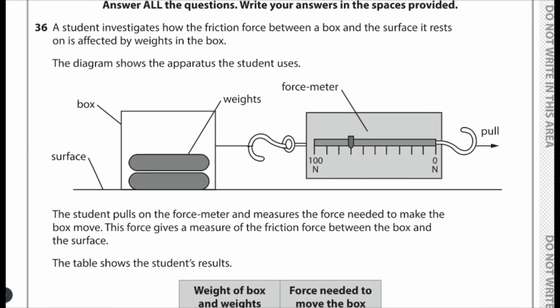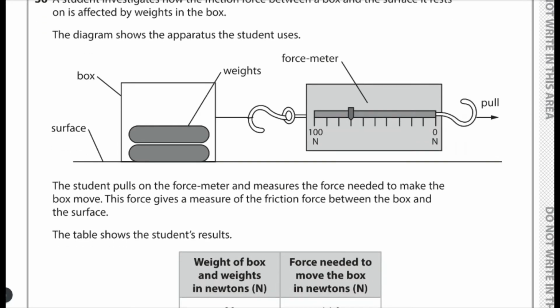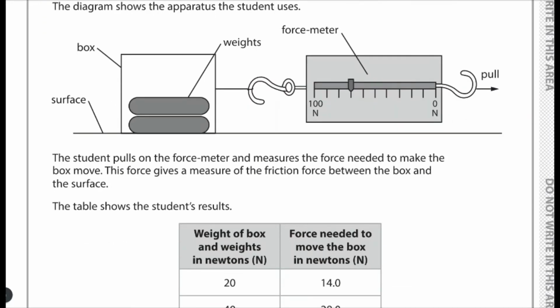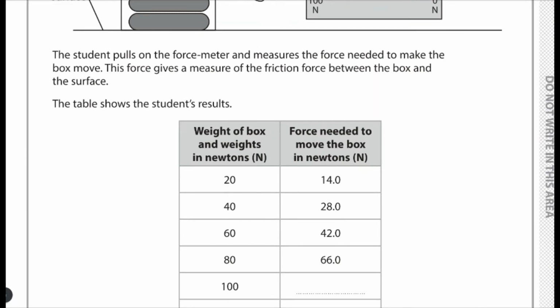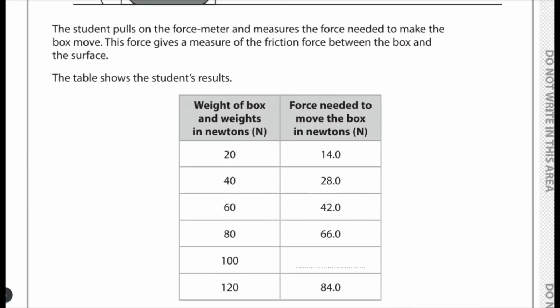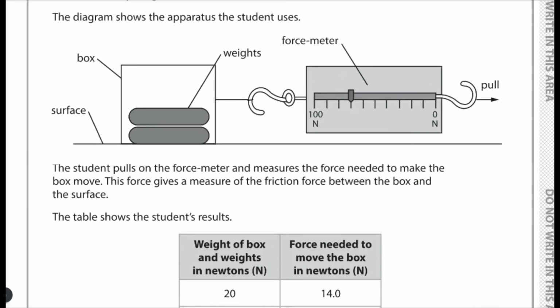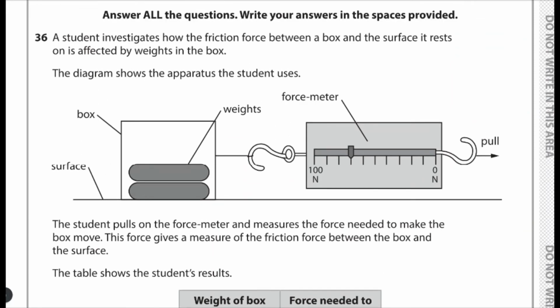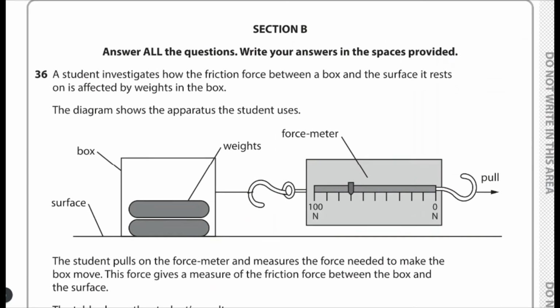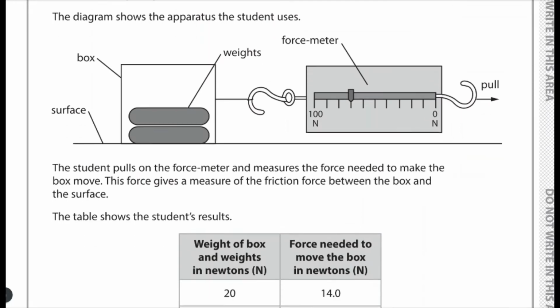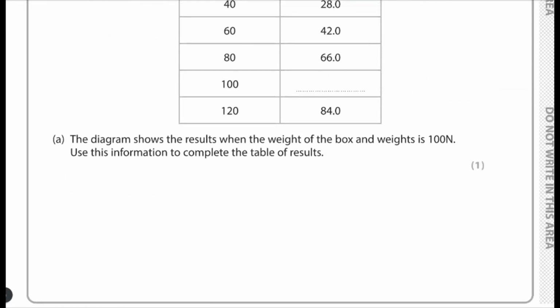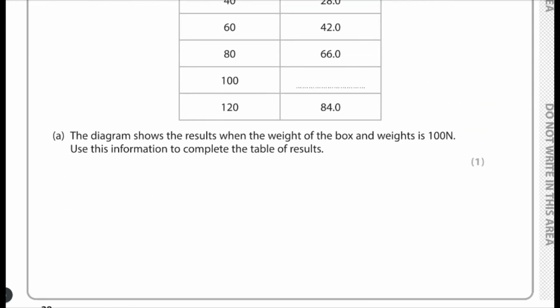36. A student investigates how the friction force between a box and the surface it rests on is affected by weight. When the weight increases, you can see the force needed to move the box, in newtons, changes. They have given 400 newtons. The diagram shows the results when the weight of the box and weight is 100 newtons.